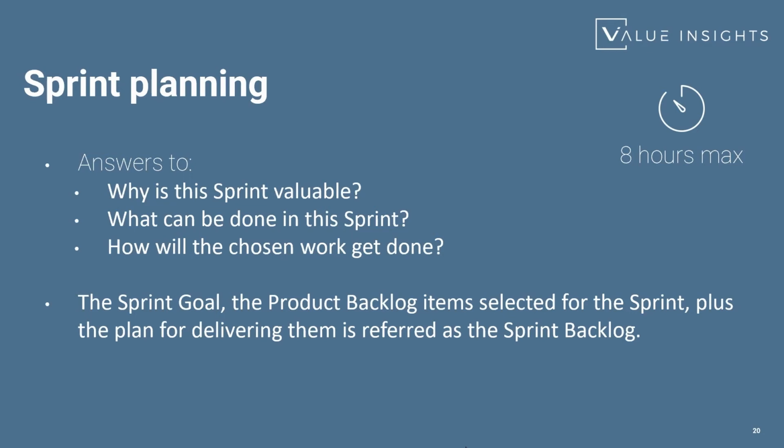So there is, again, an element of negotiation and discussion between the developers and the product owner. The Scrum Master helps to facilitate this event in case there are any issues or inefficiencies.